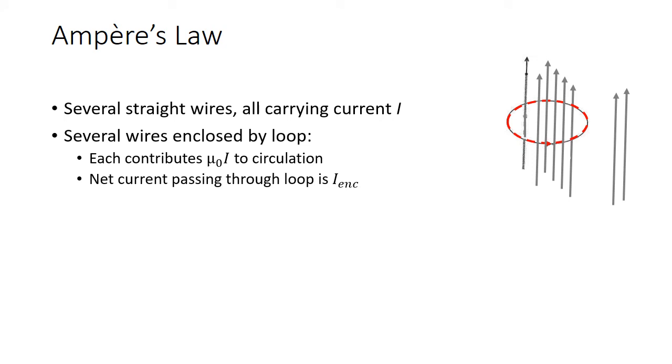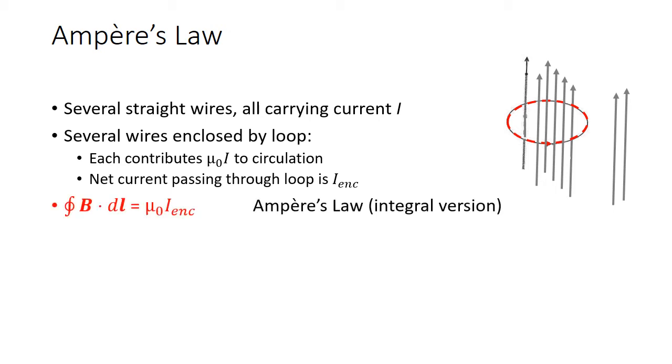The enclosed current is the net current that passes through any surface bounded by the path of integration. These ideas are summarized by Ampere's law, shown here.